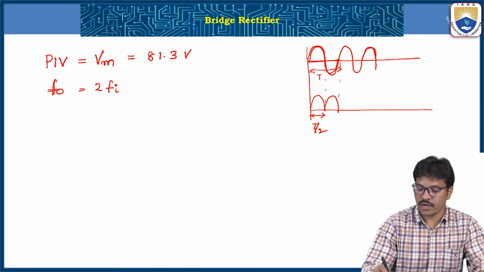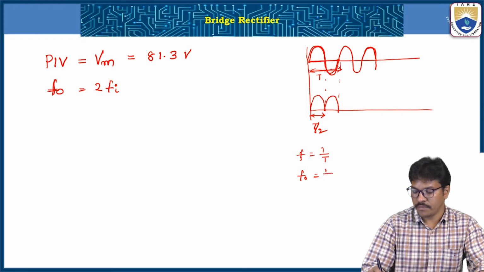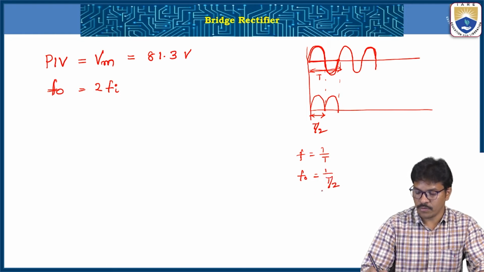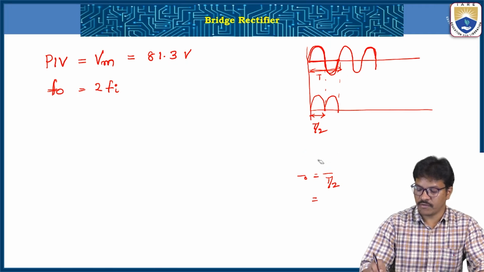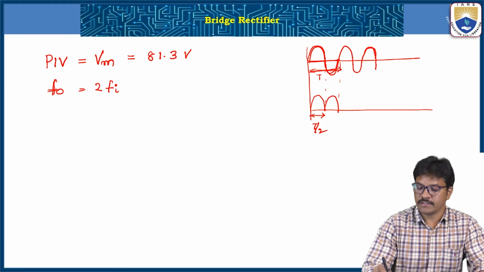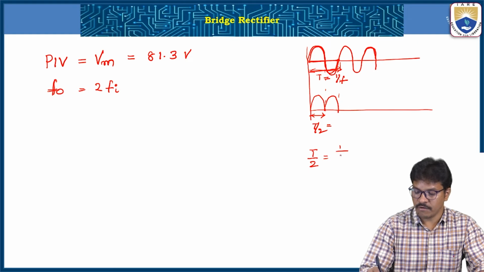If you convert it to frequency, F is equal to 1 by T. So output frequency F is equal to 1 by T by 2.